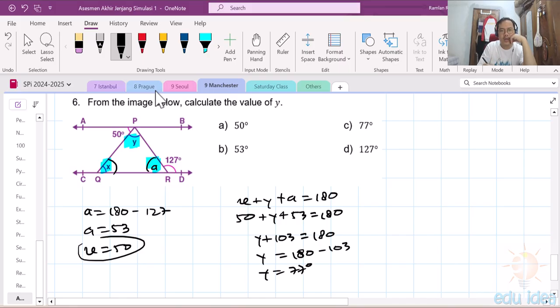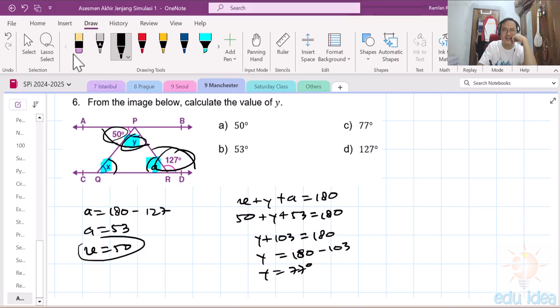Okay, that's one way to do it if you want to use the triangle. But there is another way. This angle here is also alternate interior with this one over here. So if I add the 50 with the y, you will get 127. That is another way to find it.